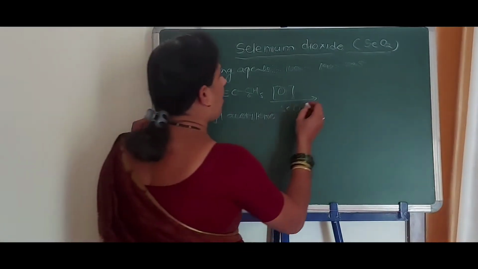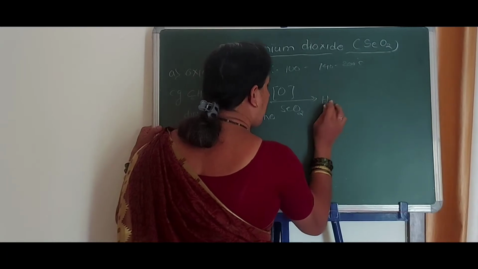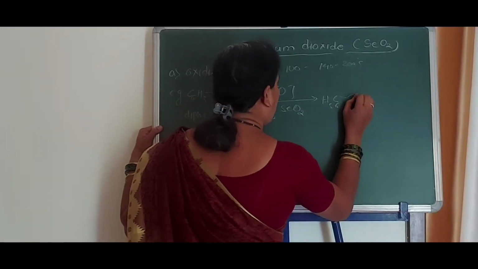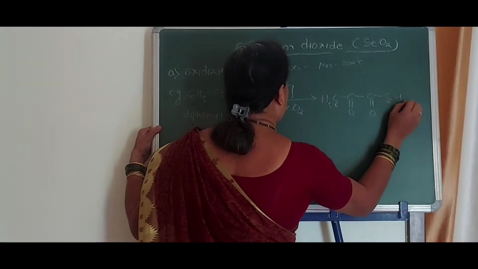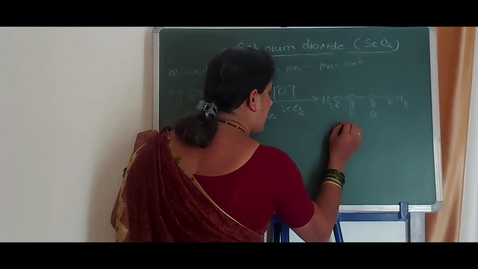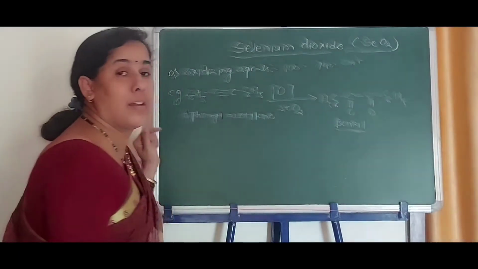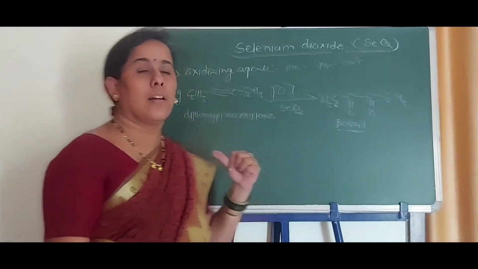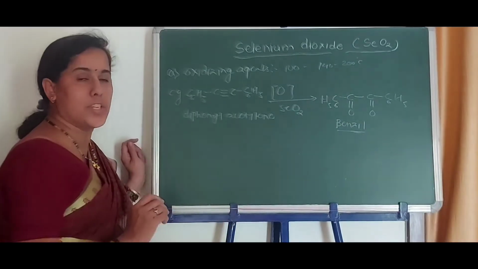There is formation of C6H5 C double bond O, C double bond O C6H5. The name of this compound is benzil. Already in the preparation you became aware of benzil. It is a compound obtained from diphenyl acetylene on oxidation.